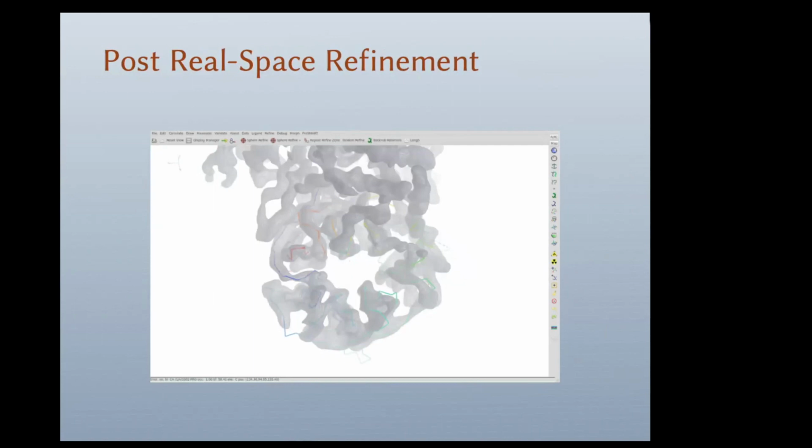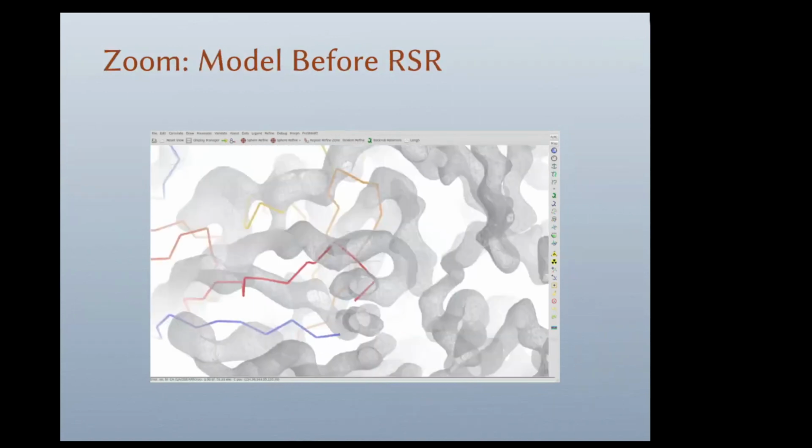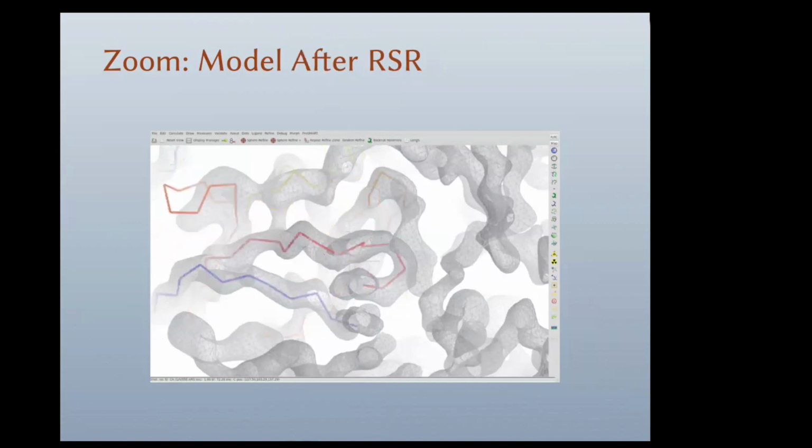And if we zoom into one particular fraction here, this is the worst fitting part. So this was pre-real-space refinement, and then we turn on these local distance restraints and have it refine into density. And consequently, we come up with a fit to the reconstruction that looks like this. And as I said, this is the homologue, so the sequence of the homologue doesn't match what's in the reconstruction.